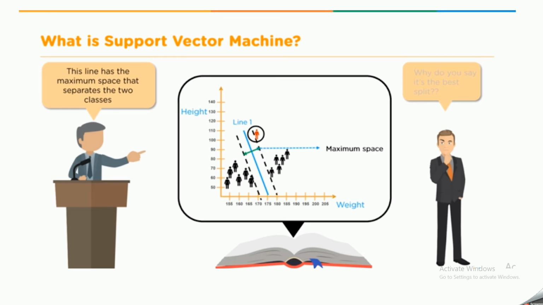So we draw a line, and the line has the maximum space that separates the two classes. Can you see this blue color line? This is your decision boundary. All right.